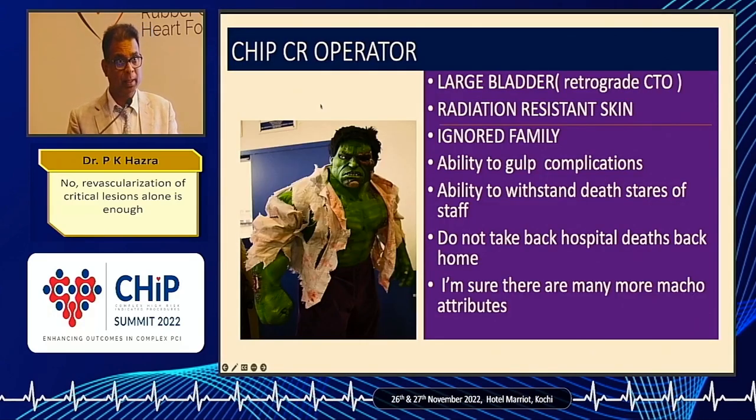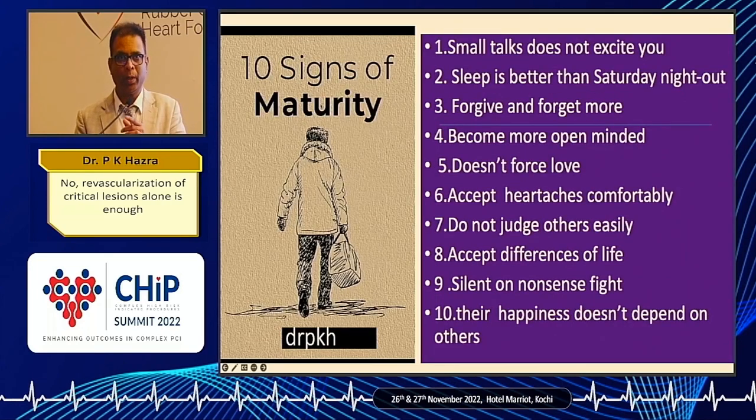They have a large bladder, like retrograde CTO, radiation-resistant skin. They ignore their family and friends, have the ability to gulp complications and to withstand death staring at you from the staff and nurses, do not take hospital deaths back home, and do not regret. I'm sure there are many more macho attributes in these people doing complete revascularization in CHIP cases.